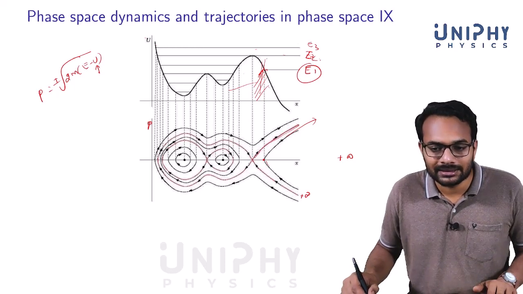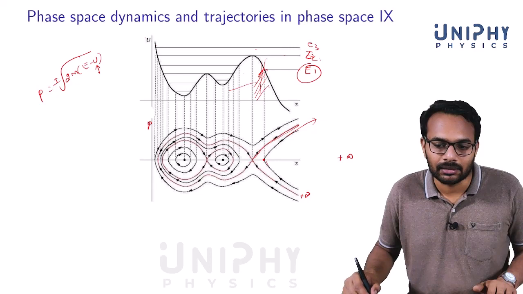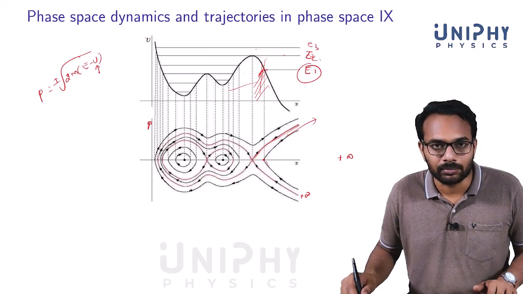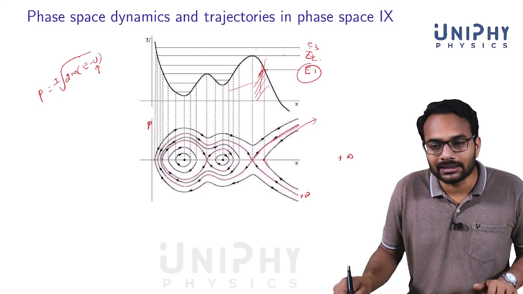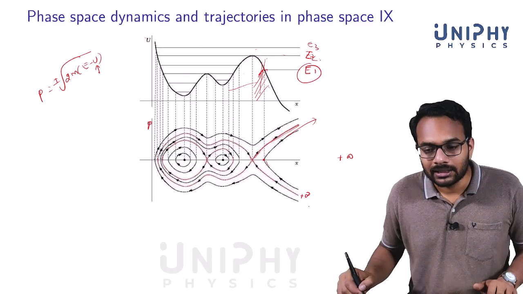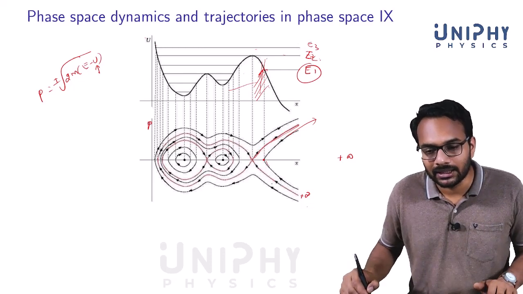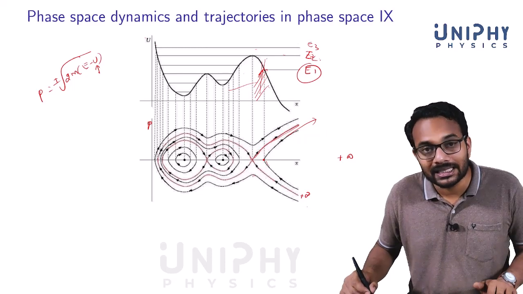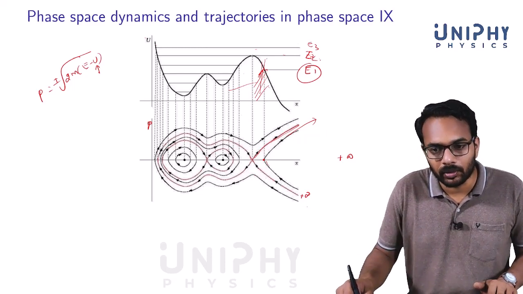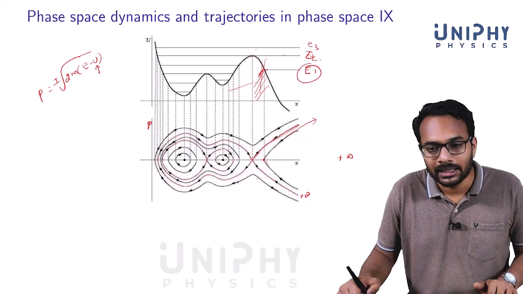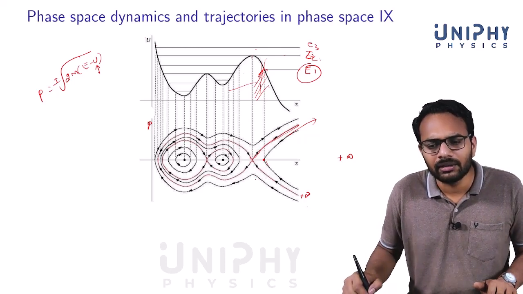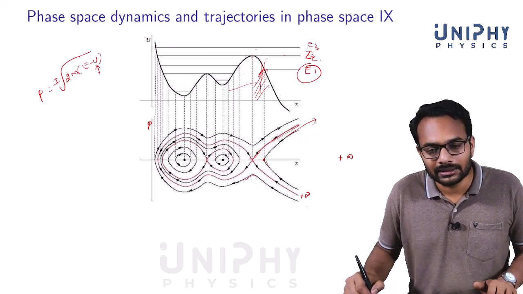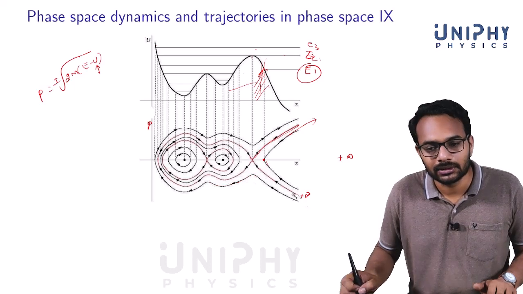This is an example of a separatrix. If the energy is more than this, the particle coming from plus infinity will come here and its momentum will decrease up to this point, but it never comes to 0. It decreases and then again increases, like that.